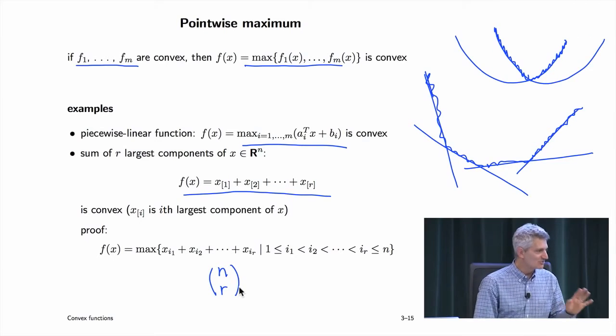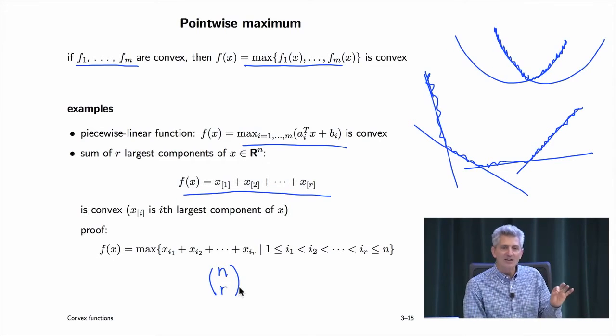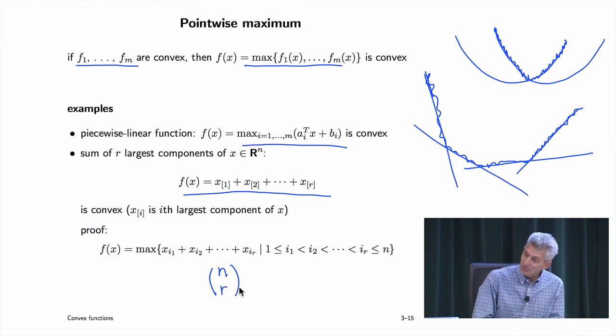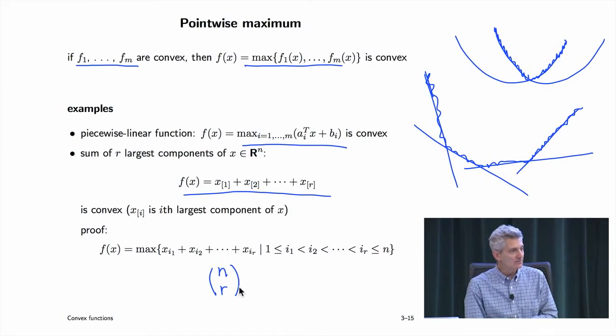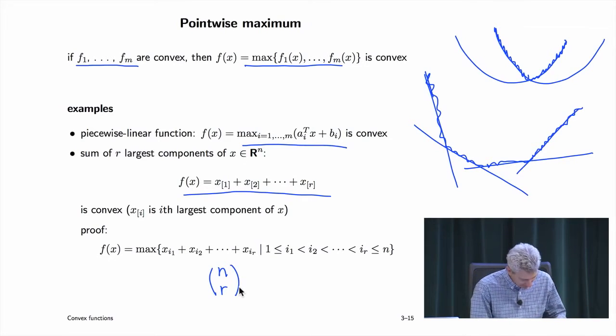I'm going to take r equals 5. So it's the sum of 5 particular elements in that vector, right? And now I take the maximum of all of those. That will give me the sum of the 5 largest. Okay? So there's a 1-line proof that the sum of the 5 largest entries in a vector is convex. Okay? So that's it. By the way, this doesn't give you a good way to calculate it, but still.